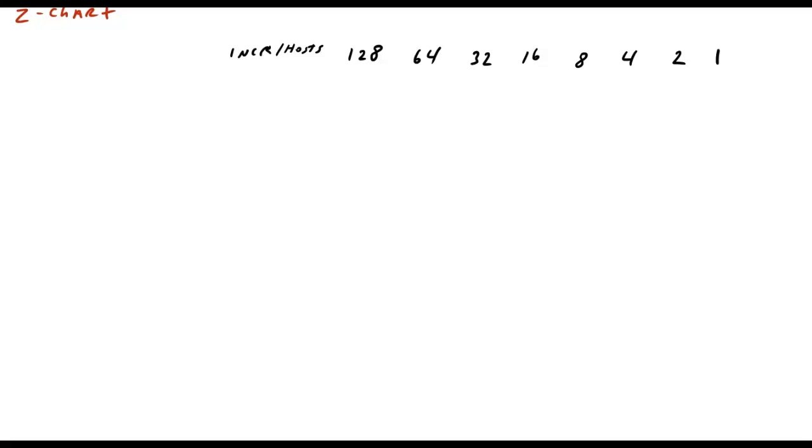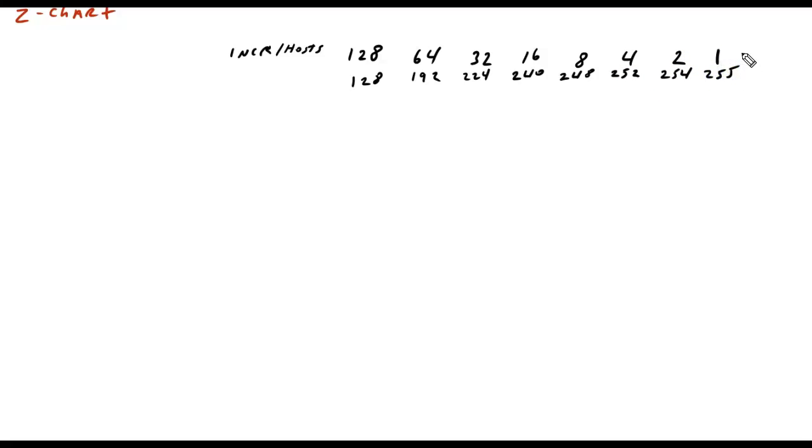I'm also going to make another row, and earlier you may remember in another video I recommended that you memorize these, and that is the possible subnet masks: 128, 192, 224, 240, 248, 252, 254, 255.